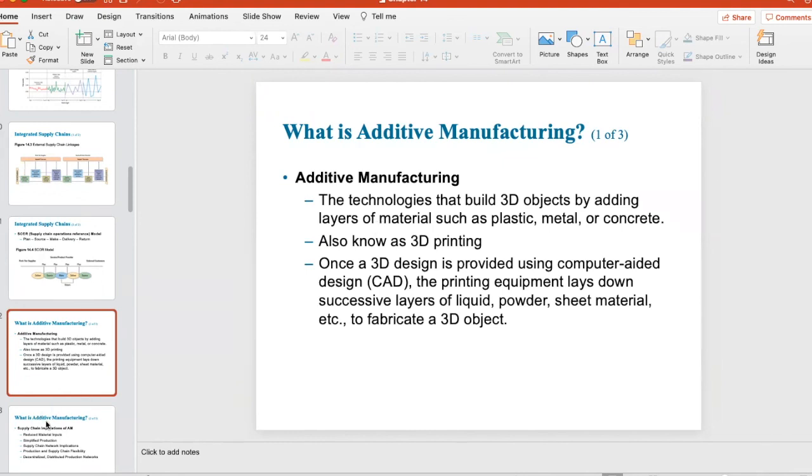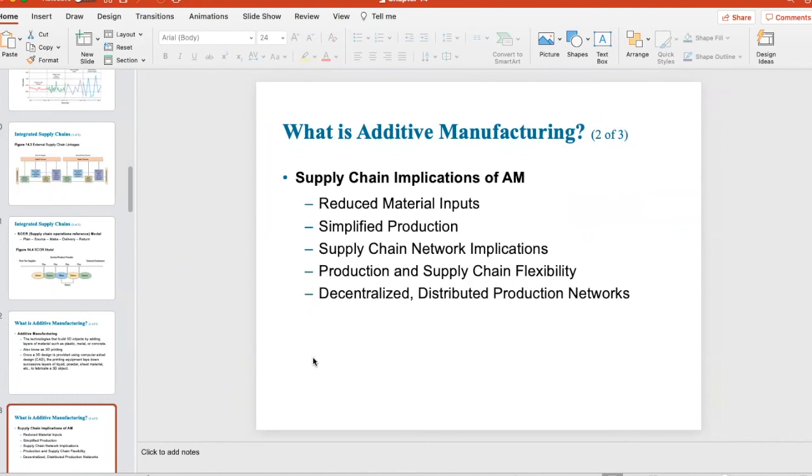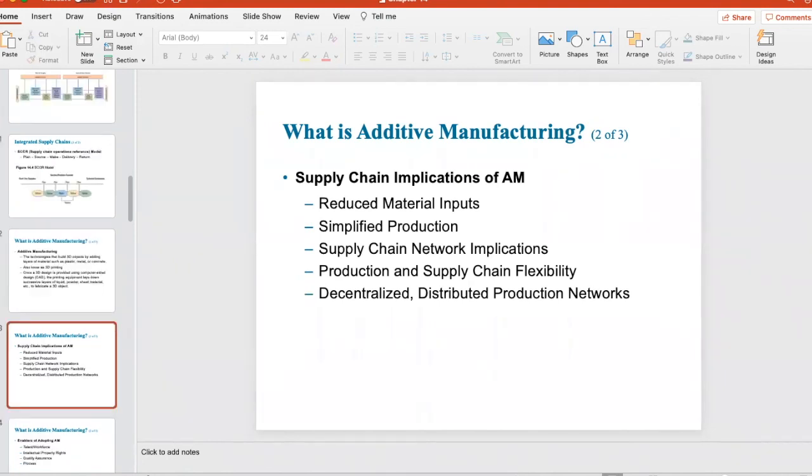All right, and this new technology will definitely have some specific supply chain implications for every single member within the supply chain. As I list here, it may reduce the material inputs, it may simplify the production, and it will also impact the overall supply chain network. It may also increase supply chain flexibility. But on the other hand, 3D printing does set higher requirements.